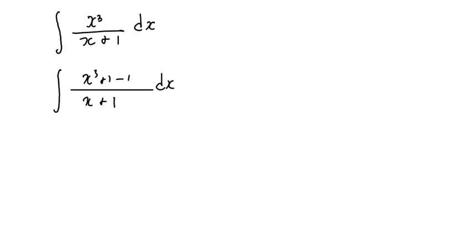So the notation for sum and difference of cubes is that if you have a to the power 3 plus b to the power 3, this is just going to be equal to a plus b, then you have a squared minus ab plus b squared. This is the sum of cubes.